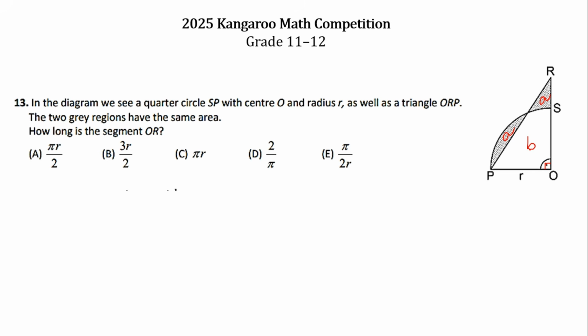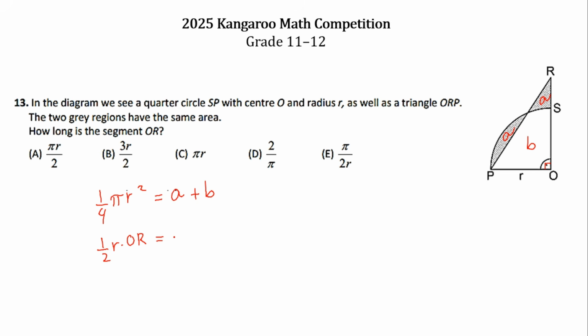Now, the area of the quarter circle is given by 1/4 pi r squared, which is also equal to A plus B. Meanwhile, the area of the triangle is given by 1/2 times the base, which is R, times the height, which is OR.